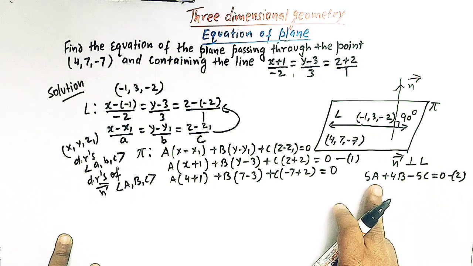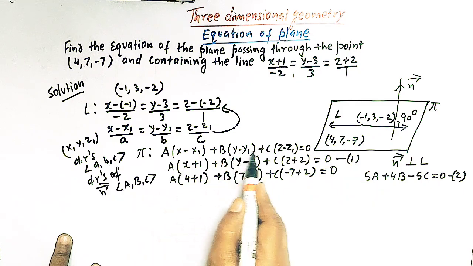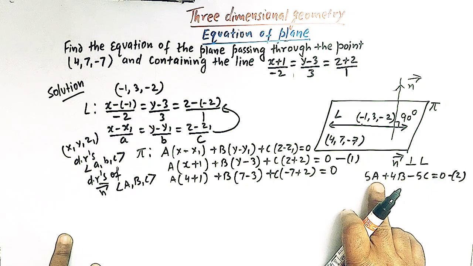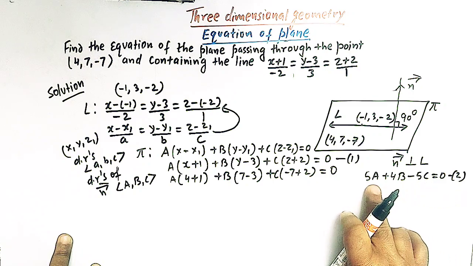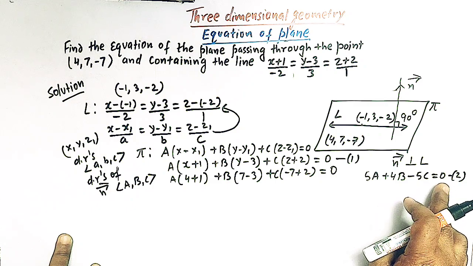Right? So now using these 2 points and utilizing this equation, we have now obtained an equation in A, B, C. 5a plus 4b minus 5c is equal to 0.